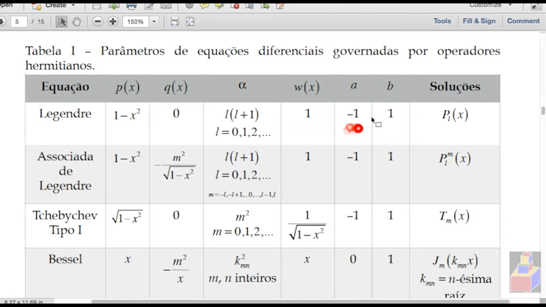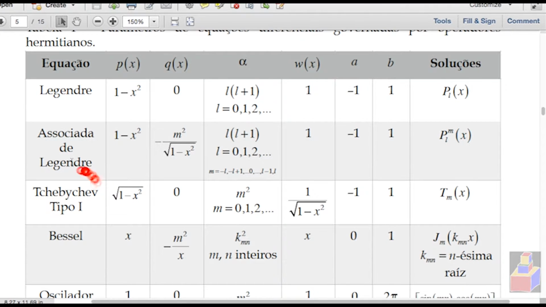These are the solutions, Legendre polynomials of order L, with L an integer number. For instance, P0 is a constant, 1, between -1 and 1. We also have associated Legendre polynomials.